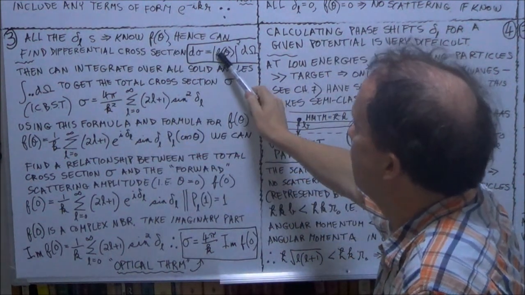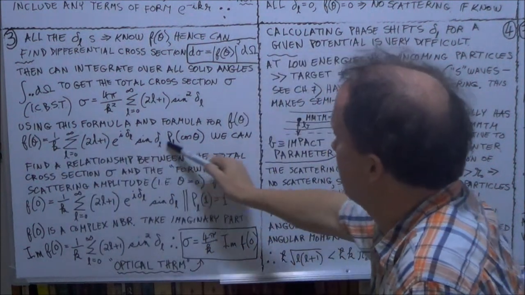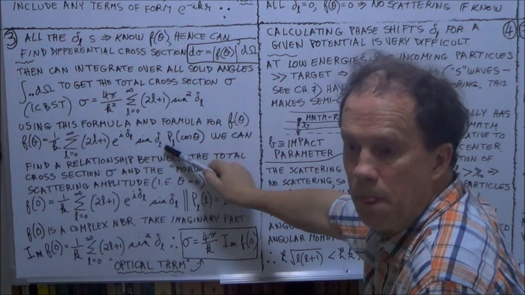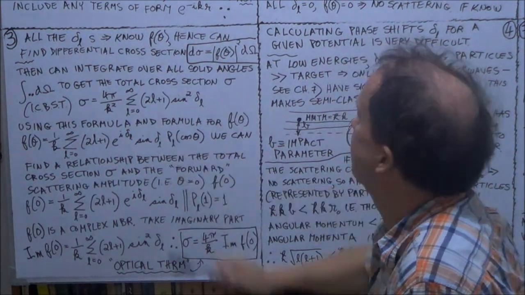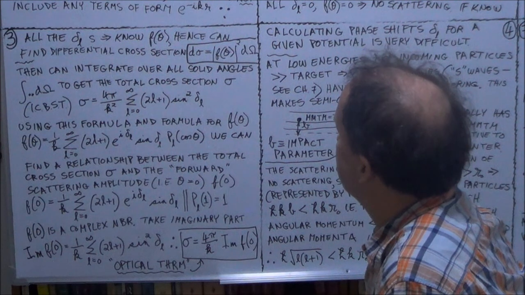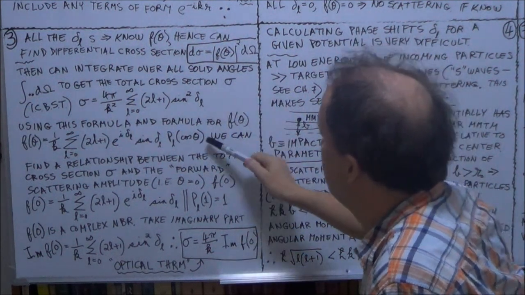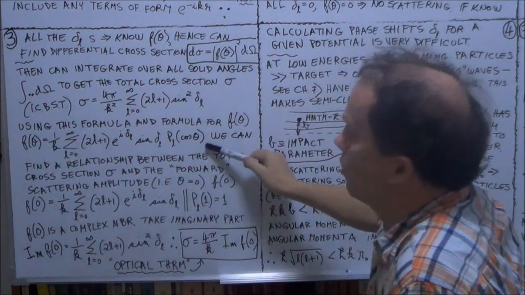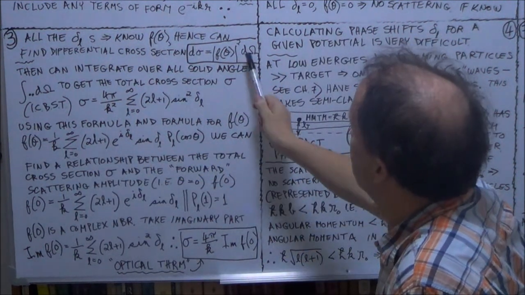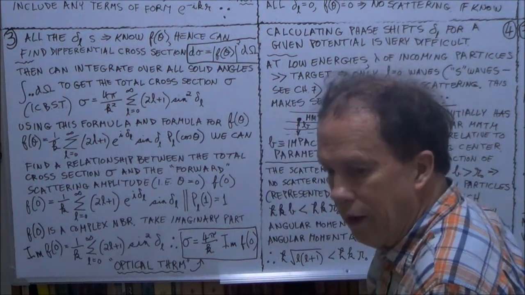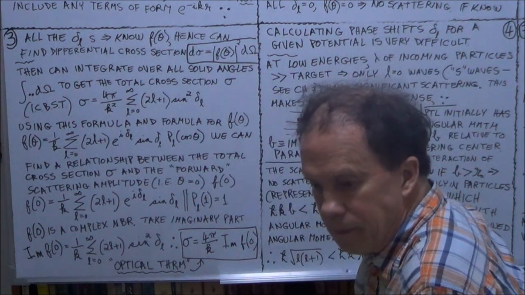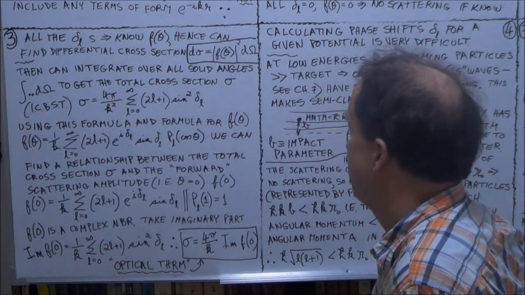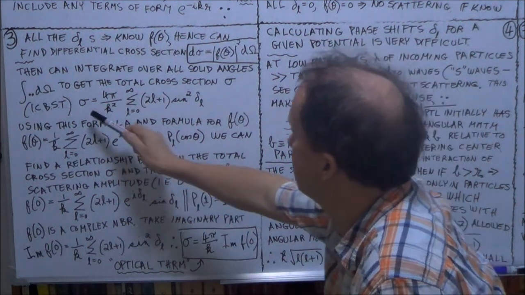So once you know what f is, and you've got a formula here for f of theta in terms of your phase changes, your deltas, if you take this term, which is your f of theta, square it, and then integrate it over all possible solid angle, you will get little sigma.